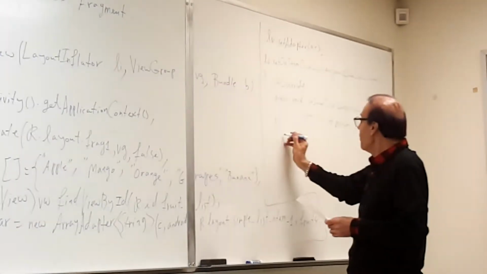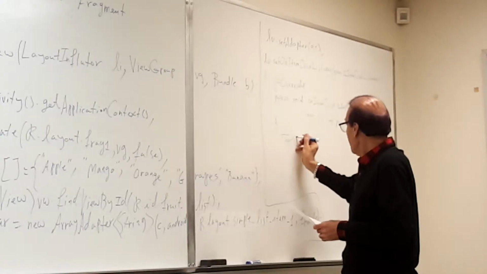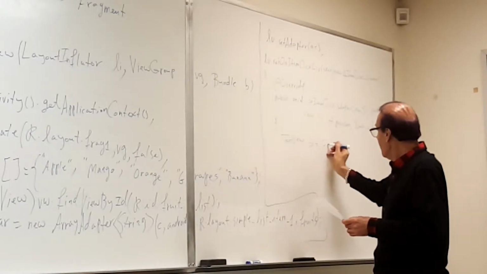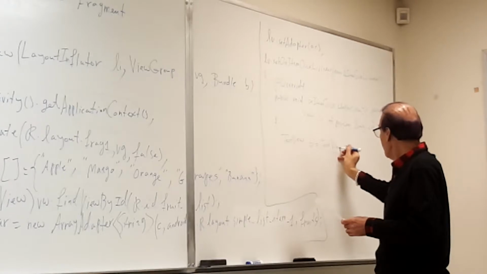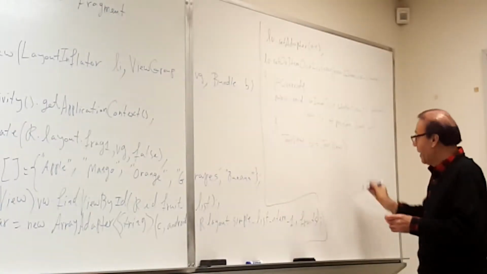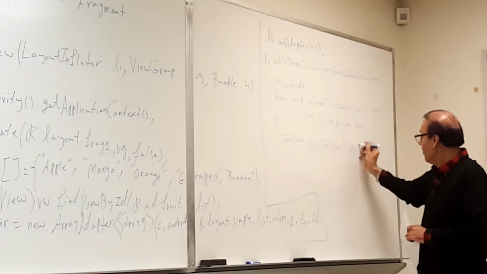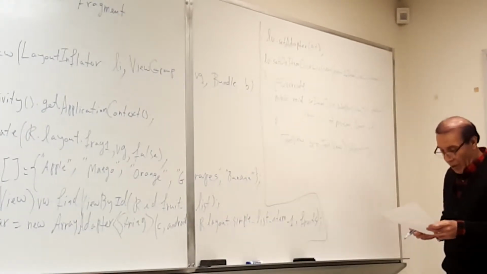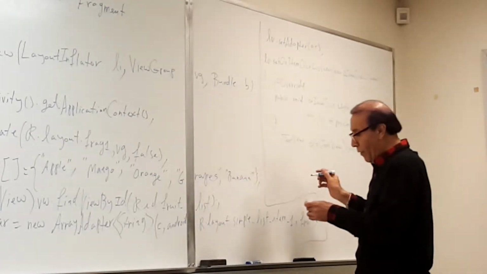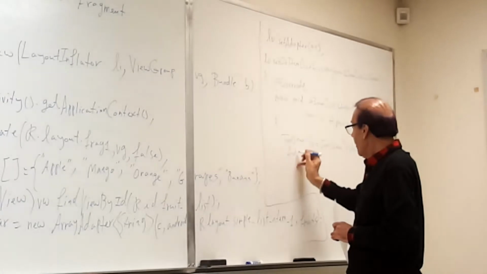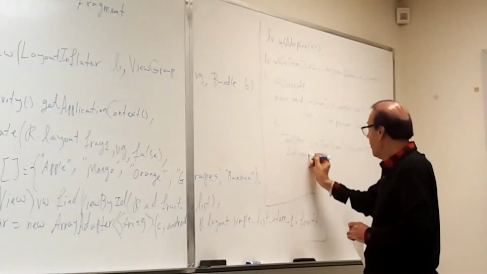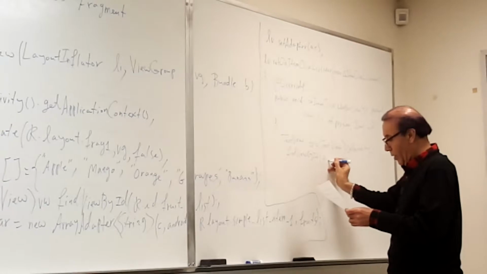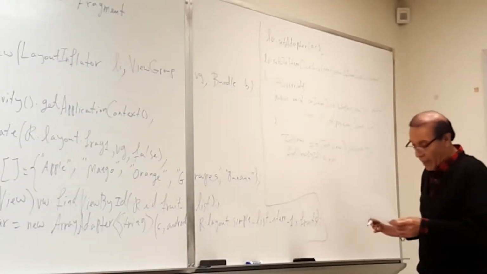We need to create a TextView. TextView tv equals TextView getActivity dot, I'll continue on the next line, findViewById, R dot id dot select opt.